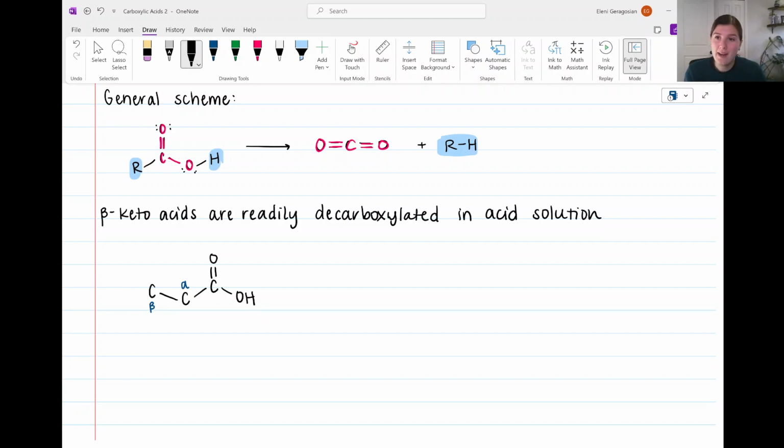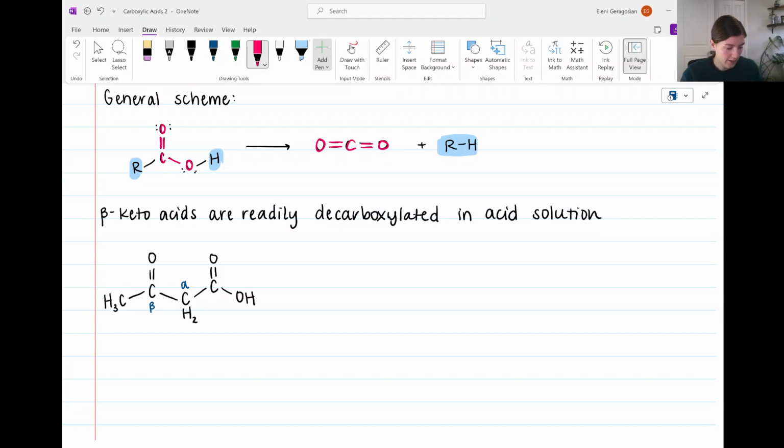So when that beta carbon is a ketone carbon, so now we have another carbonyl bonded to another R group, we'll say just a methyl group there, the alpha carbon must be a CH2. This is a beta keto acid. So the beta carbon is a carbonyl carbon. So these are readily decarboxylated in acidic solution.